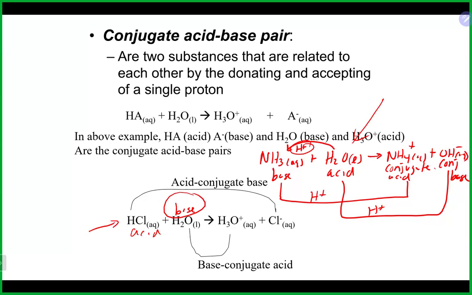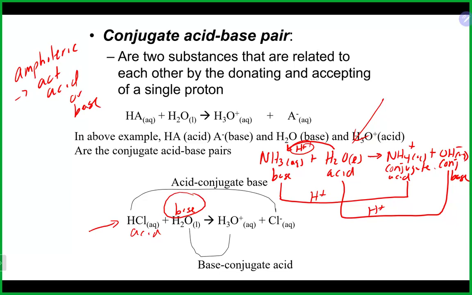It can act as an acid or a base. There are certain things that can do both, and those are known as being amphoteric. An amphoteric is something that could act as an acid or a base. And water is a prime example of that. It could act as an acid in certain situations, or it can act as a base in certain situations.